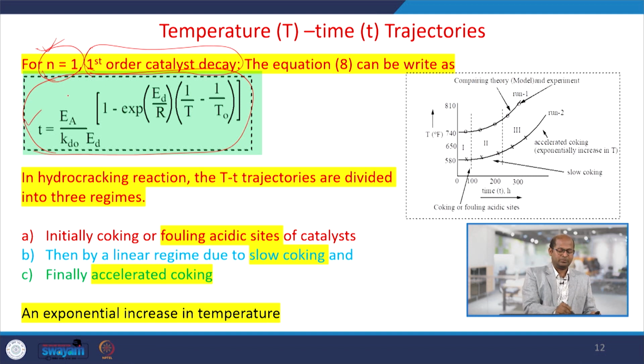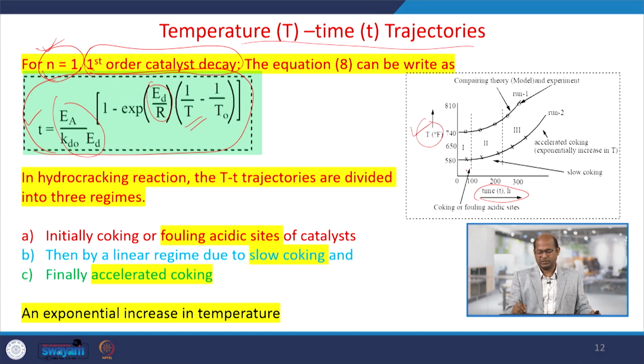Then how time and temperature are related, a much more simplified equation comes. Here on the right hand side, temperature and time, this is called the temperature-time trajectory. So how do we increase the reaction temperature for the system to maintain the same rate of conversion?